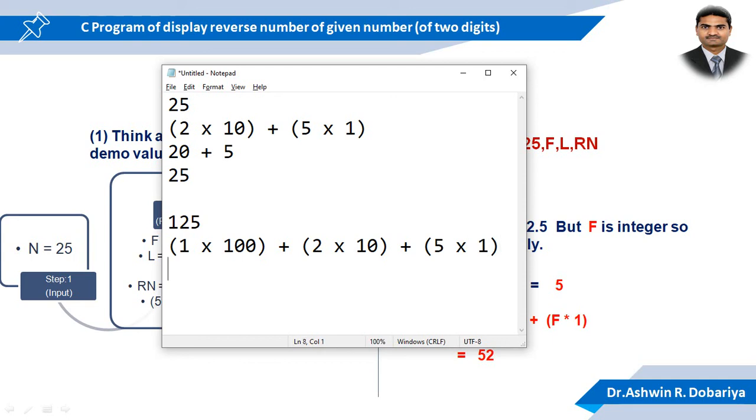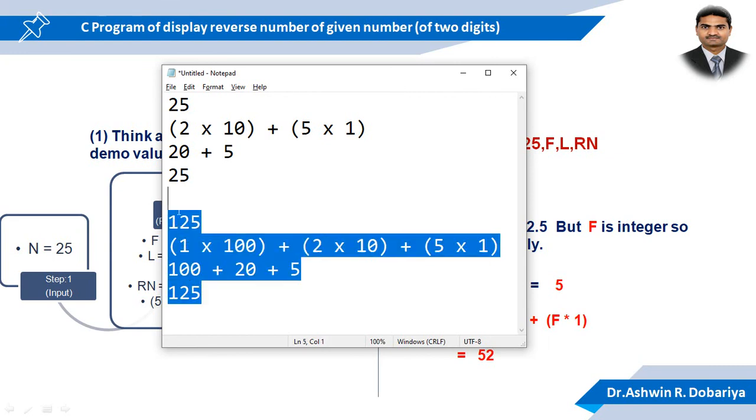So 1 multiplied by 100 means 100, then the second is 20, and the third is 5, so ultimately it becomes 125. This is the overall logic of this program.